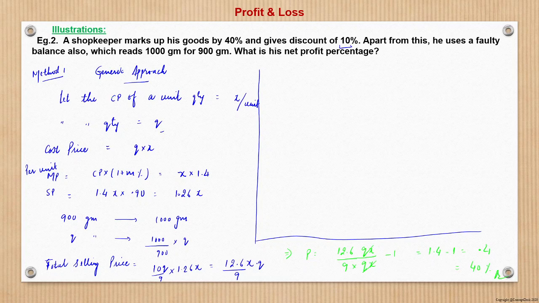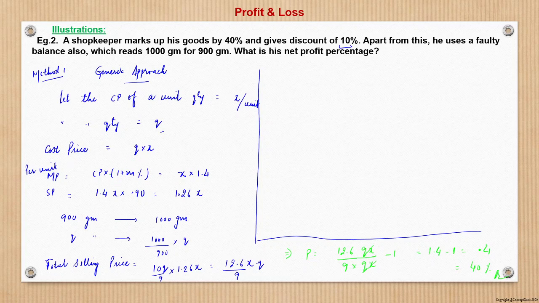If we go by the generic approach, here I have broken down everything. I have assumed the CP of 1 unit. What is the total quantity which the shopkeeper bought? Shopkeeper bought Q quantity. So total cost price which the shopkeeper had to pay to the wholesaler was Qx. Now, after having bought this, the shopkeeper will be selling to the customer. So to sell to the customer, he is marking up the price.